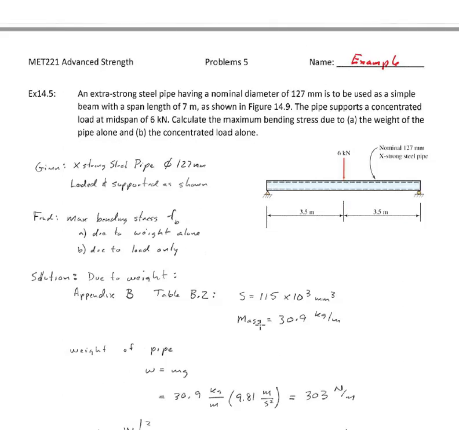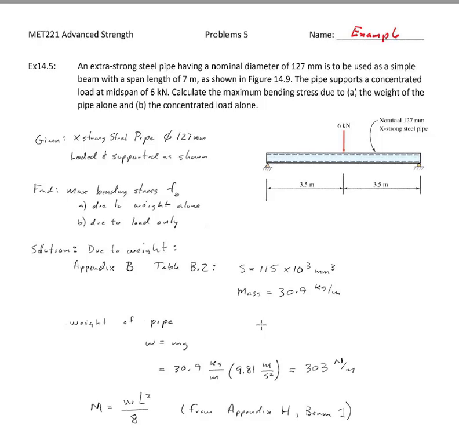Next problem. In this case, we have a steel pipe, an extra strong steel pipe, having a nominal diameter of 127 millimeters, to be used as a simple beam with a span of 7 meters. The pipe supports a concentrated load at the midspan. Calculate the maximum bending stress due to the weight of the beam alone and due to the concentrated load alone.